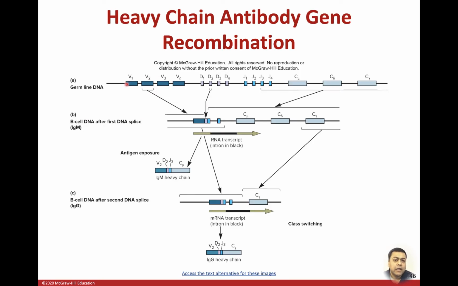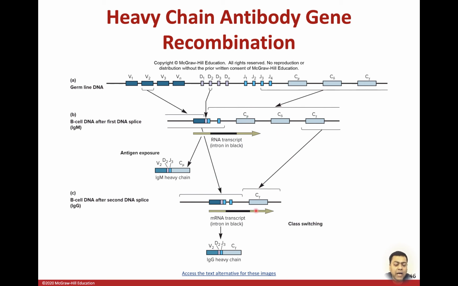So for the heavy chain, you have the V regions, then you have the J regions, and then you also have another region which we call the diversity region. So that gives you the V, D and J combinatorial region. But instead of just one constant region as in the light chain, here you have a C mu, a C delta, and a C gamma.